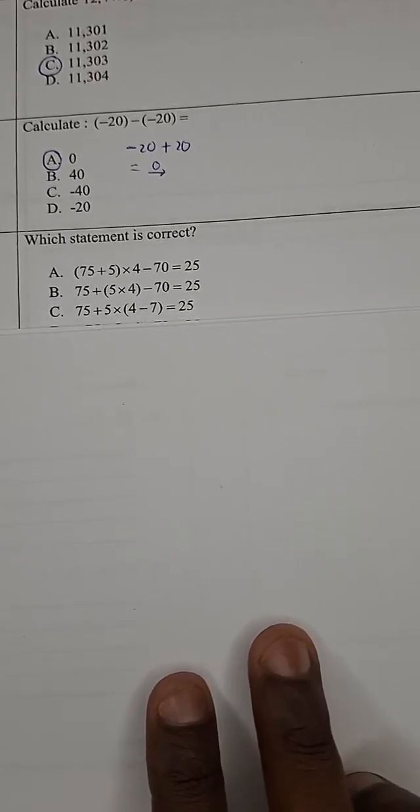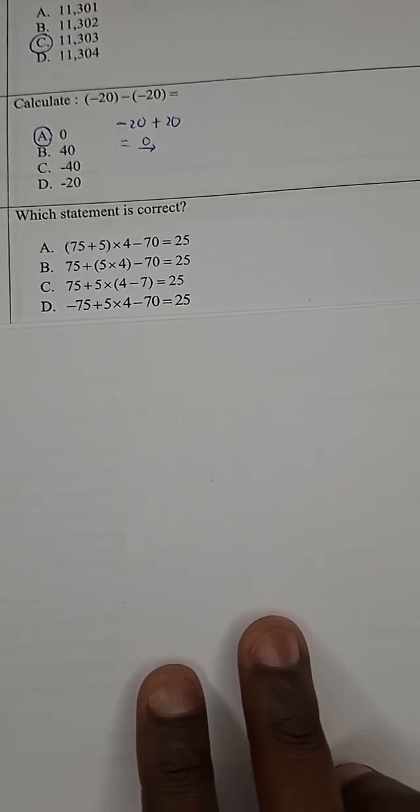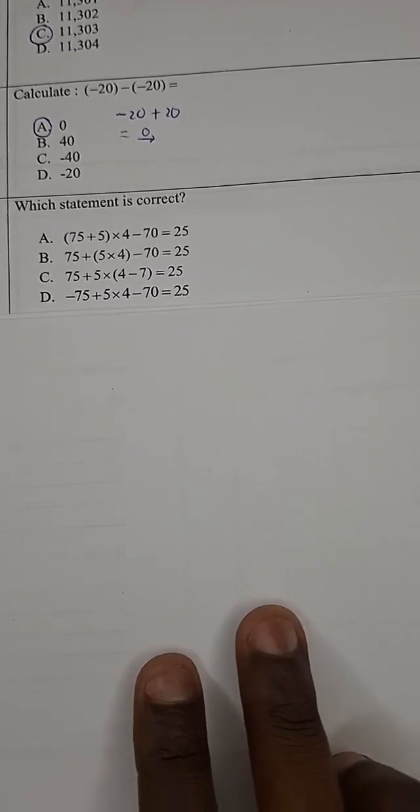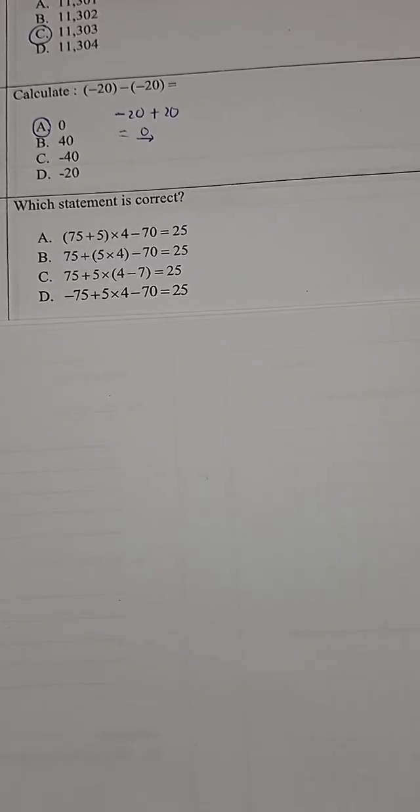C, 75 plus 5 times, then the bracket, 4 minus 7, close bracket, is equal to 25. D, negative 75 plus 5 times 4 minus 70 is equal to 25. So which option here is correct, guys? Is it A? Is it B? Is it C? Or is it D?